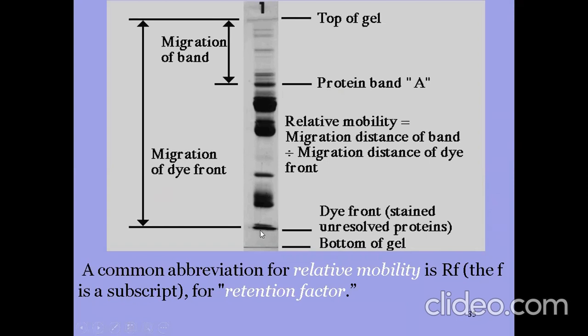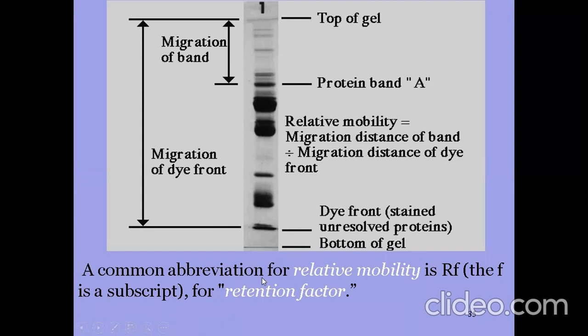So here the stain is here, the dye is here, and it migrates like this; the migration pattern is more. So it is here. If we compare the two, that will give us what?